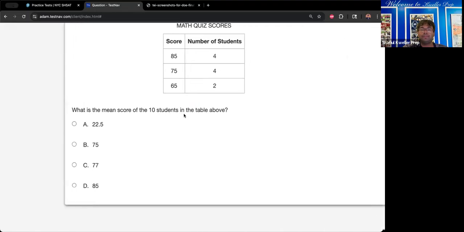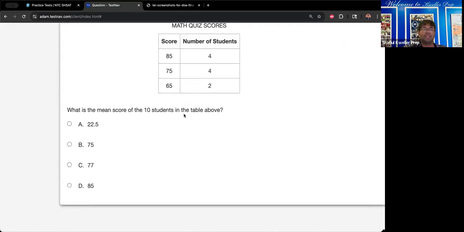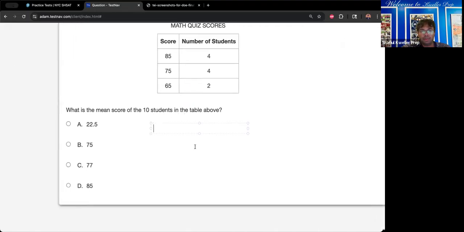What's the mean score? So when you just have to multiply, there's 4 students that got 85, 4 students that got 75, two that got 65. Divide all of this by 10 students.